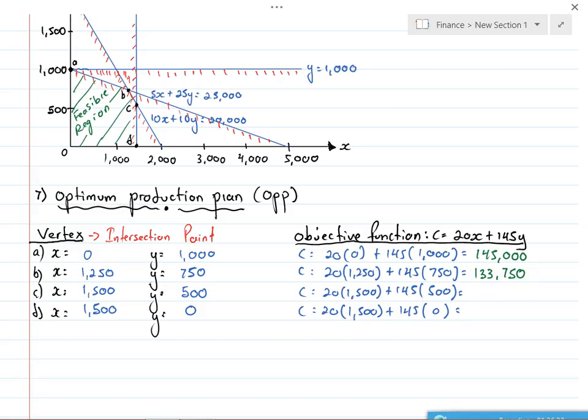Here it's going to be 102,500. And here, what is it going to be? 30,000.